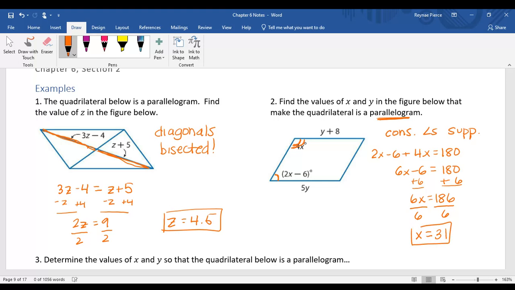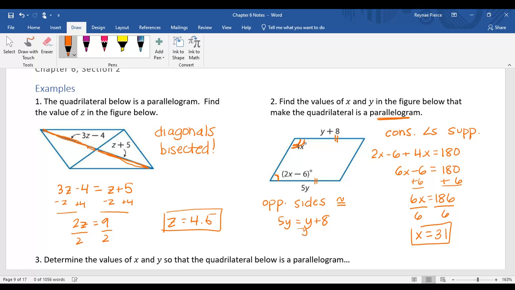Okay, to find y, those two expressions that have y are opposite sides, and for a parallelogram, the opposite sides have to be congruent. So I will set 5y equal to y plus 8.